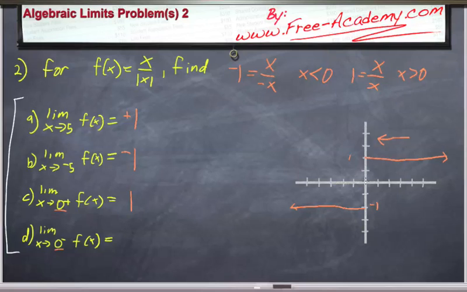If we were to ask what the value of the function is at x equals 0, we wouldn't have a very good answer because it could be negative 1, it could be positive 1, we don't know. But we never actually get to 0, we get infinitely close. And anything greater than 0, doesn't matter how close it is to 0, as long as it's just a little bit greater than 0, it's still equal to 1. And for the same reason, anything just a little less than x equals 0 is going to be equal to negative 1.